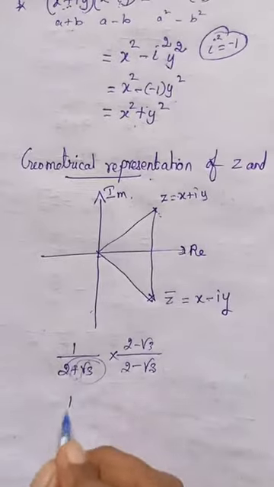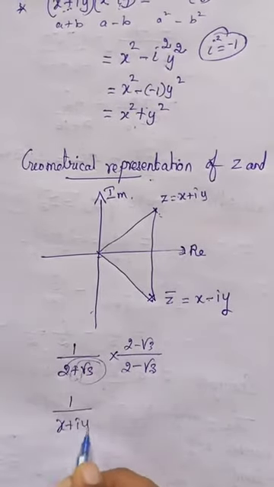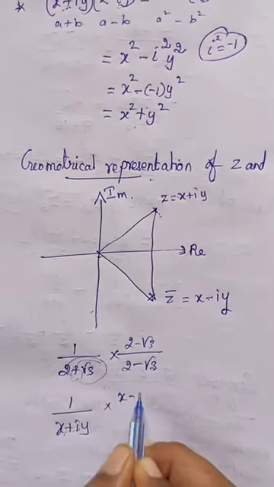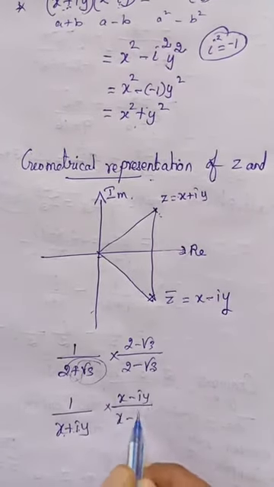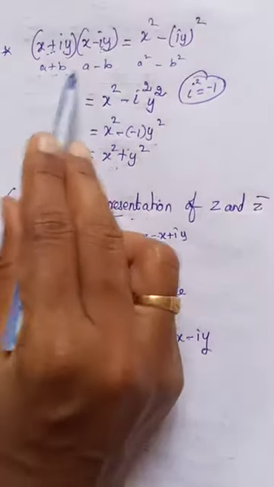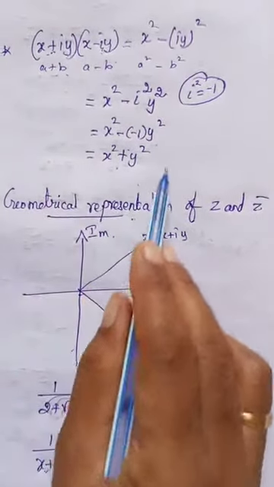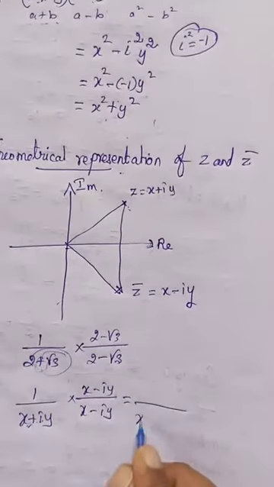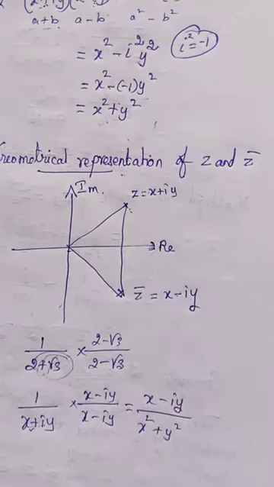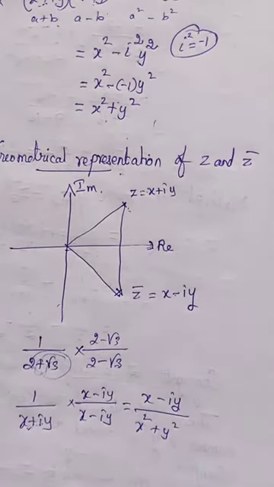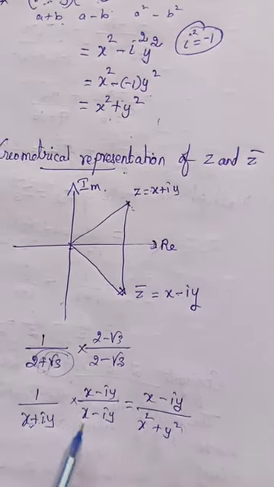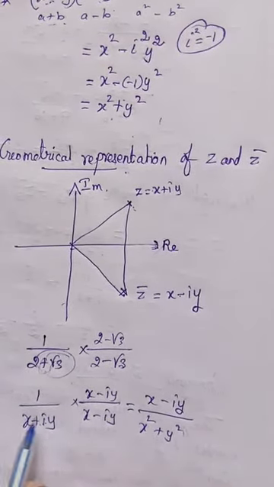The same way, if it is 1 by x plus iy, the conjugate, we know, changes the symbol in front of i. So x minus iy by x minus iy. The denominator x plus iy into x minus iy, we know the answer is x square plus y square. So the numerator is x minus iy. Now the denominator has no complex number. So the conjugate is normally used in divisions.